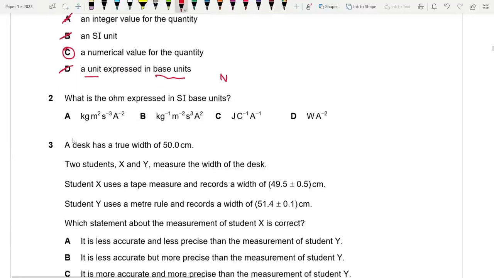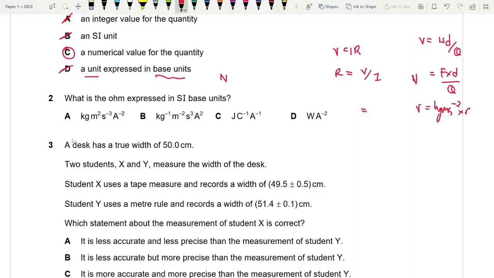Let's try doing this. So we know that V is equal to IR, or R is equal to V by I, and we also know that V is equal to work done per unit charge. So work done per unit charge, what is that? F into D by Q. So that's kg ms minus 2 times meter divided by Q, which is equal to IT, ampere seconds.